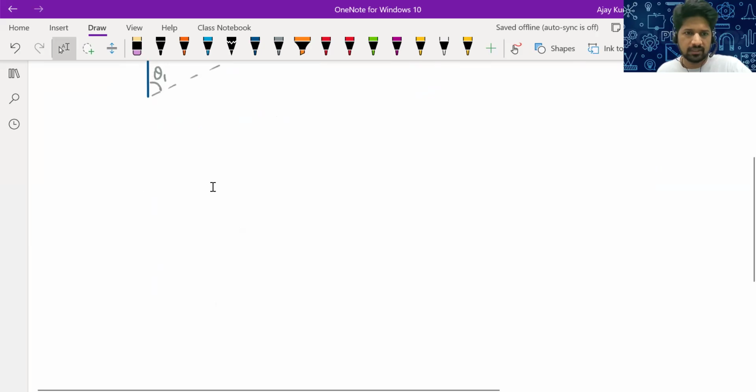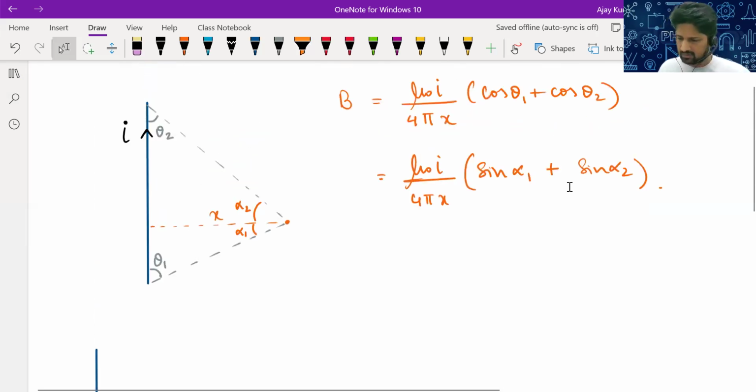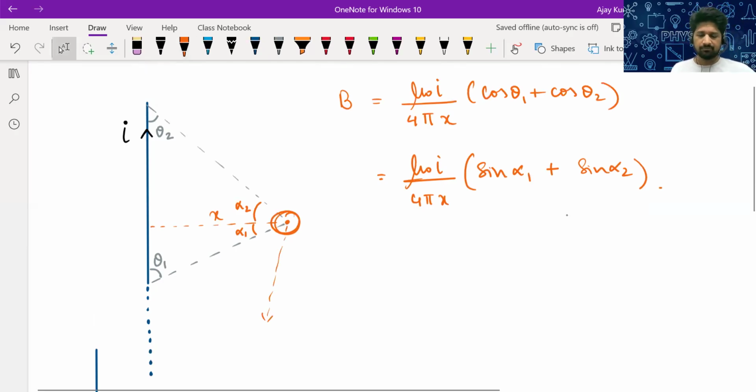Let's discuss some applications of this. Let us extend this to an infinite wire first. Now you all tell me, I think it's quite easy. If we consider an infinite wire and imagine joining this point to that end which is at infinity, how much will theta 1 become?